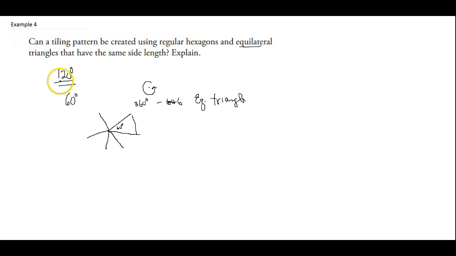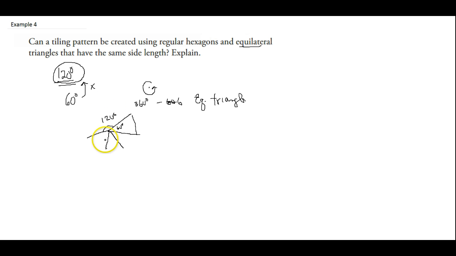But notice this is a multiple of 2, right? So I could take one of those out, and that would be 120. Oh, we could do that. That would be cool.